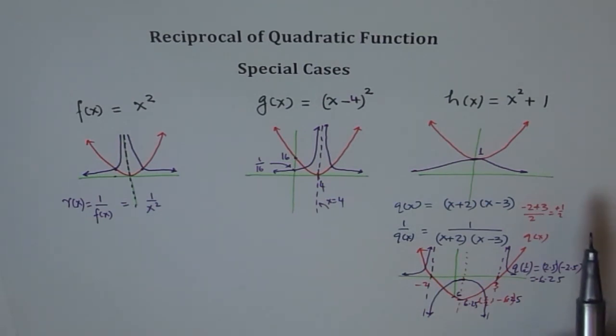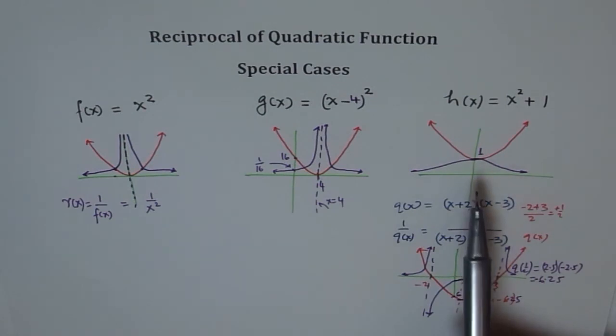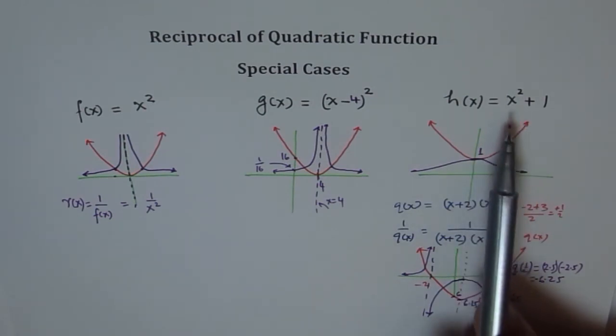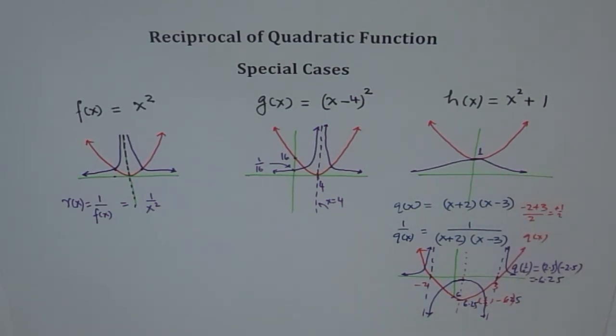So always remember that for the reciprocal of quadratic functions, you get a rational function, and that rational function may have two vertical asymptotes, one vertical asymptote, or no vertical asymptote. So these are the examples when they have no vertical asymptote, correct?